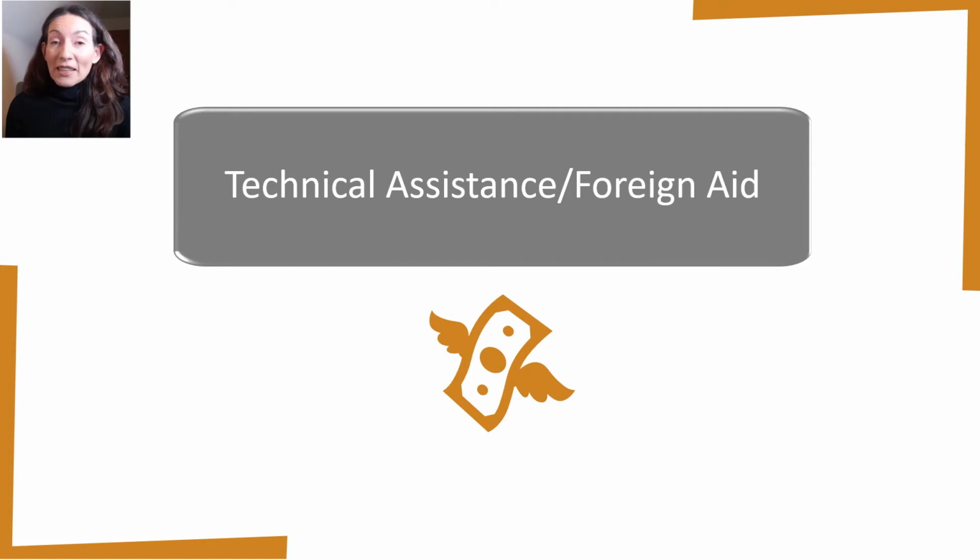I have included technical assistance and foreign aid both in the category of cooperative and confrontational approaches to enforcement. This distinction is mainly linked to the existence sometimes of conditionalities attached to this kind of measures. So sometimes states or non-state actors will condition the provision of technical assistance and mainly foreign aid to the beneficiary complying with certain conditions.